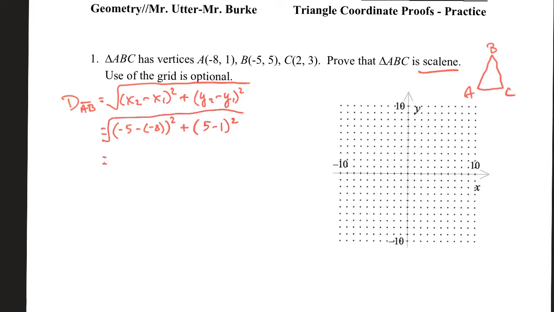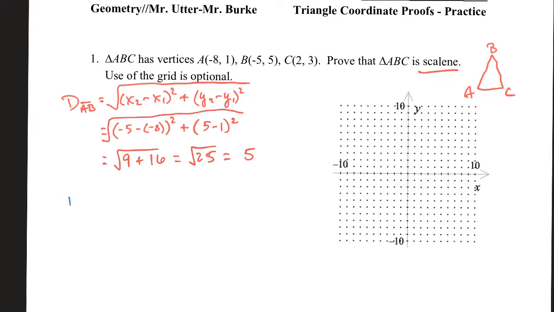What does this give me? -5 minus -8 turns into -5 plus 8, which is +3. +3 squared is 9. Adding to that, 5 minus 1 is 4. 4 squared is 16. So this gives 9 and 16 is 25, radical 25, which is of course 5.